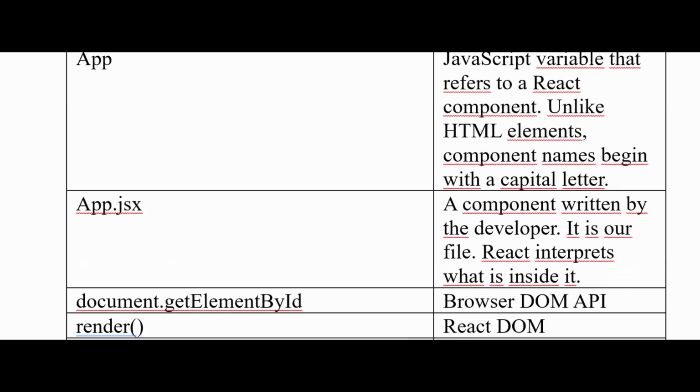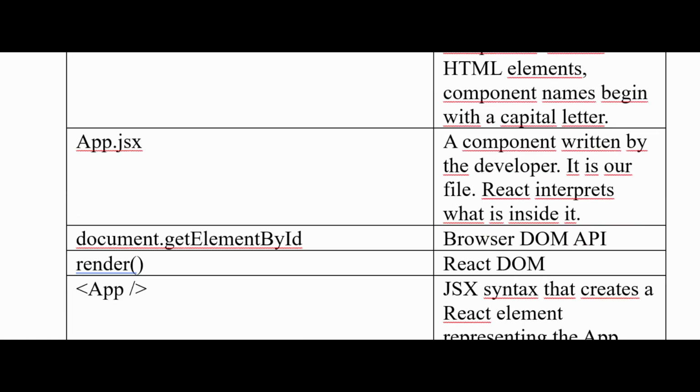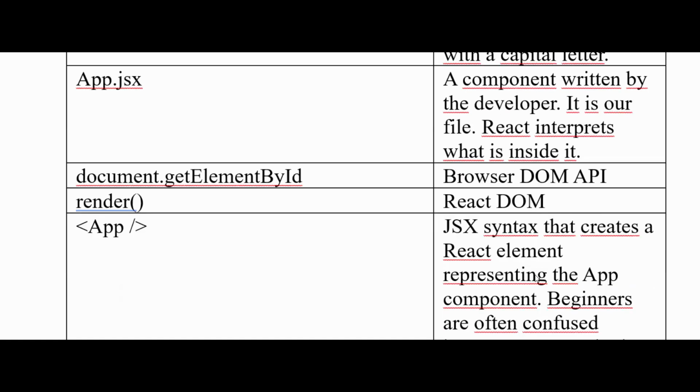React interprets what is inside it. Document.getElementById, it is a browser DOM API. Render, function render, the owner is React DOM. You will see what React DOM is.